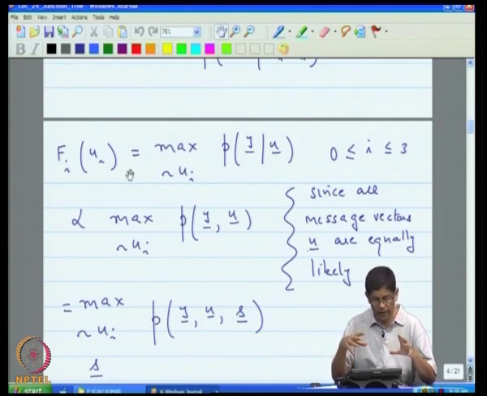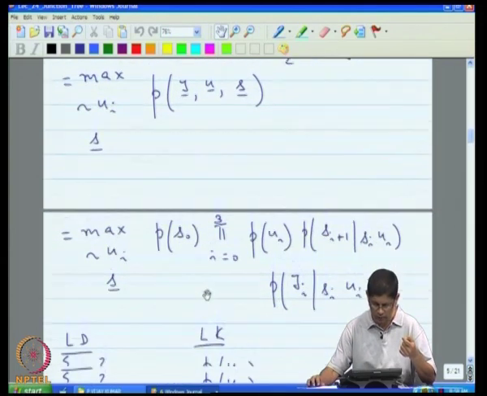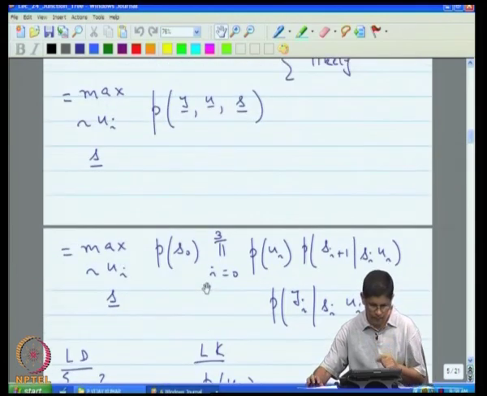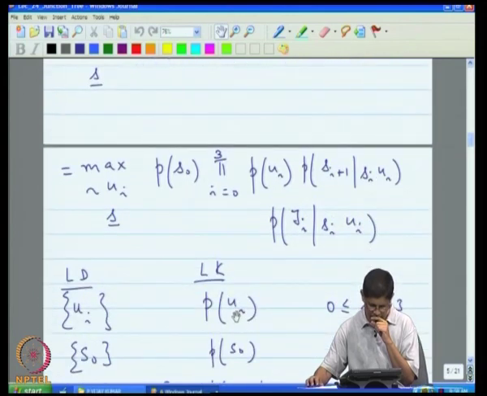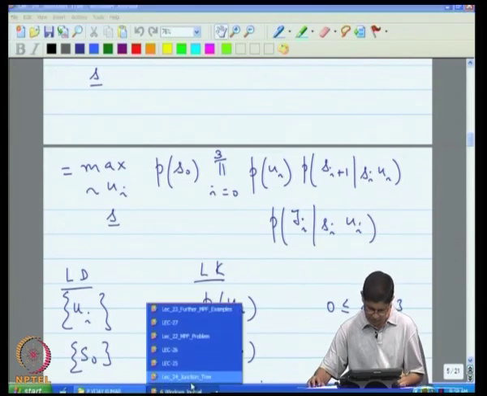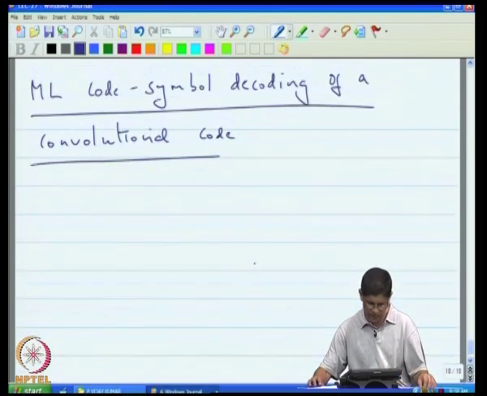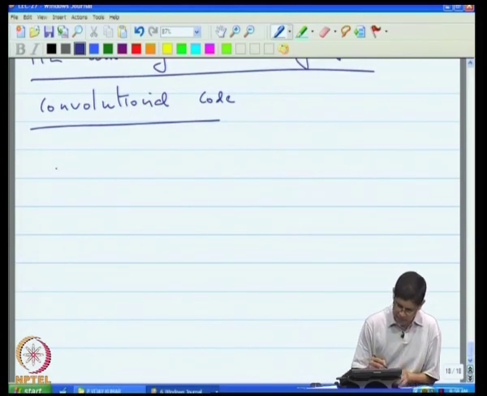What I would like to do today, however, is introduce a different decoding technique, which is a decoding technique for maximum likelihood code symbol decoding of the convolutional code. So, for that I think it is easier perhaps to just write it out again simply.